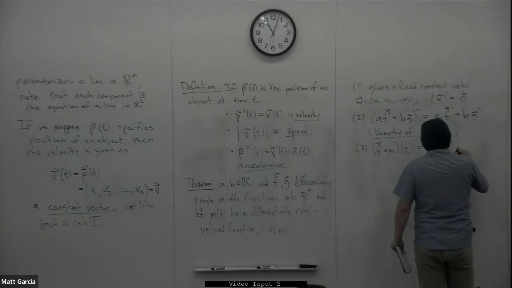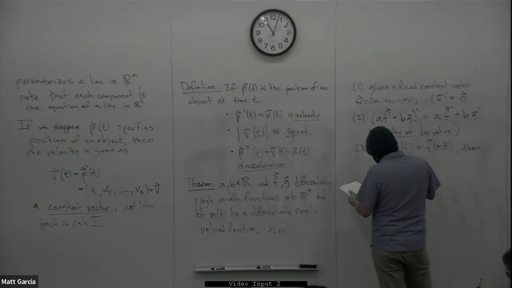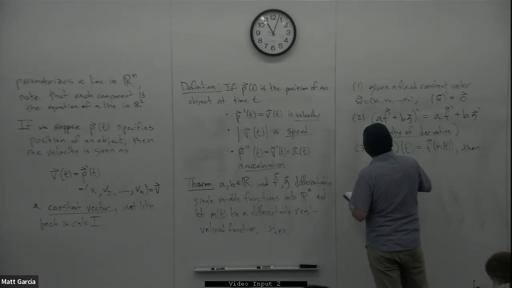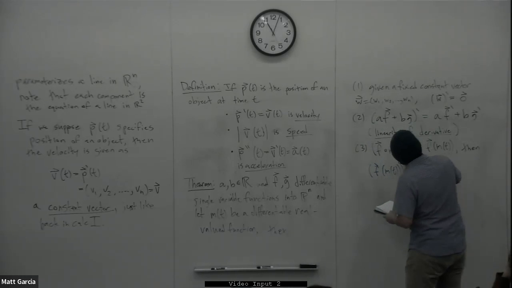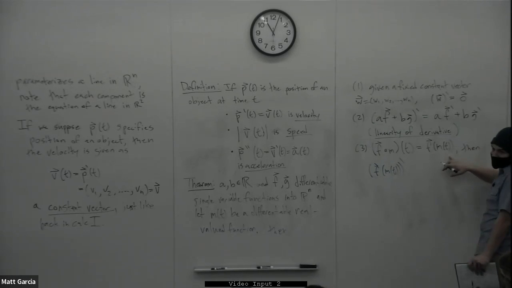Okay, so if we wanted to take the derivative of this composition of functions, the derivative of f hat of m of t, prime goes on the outside to start. I'm taking the derivative of this whole function.